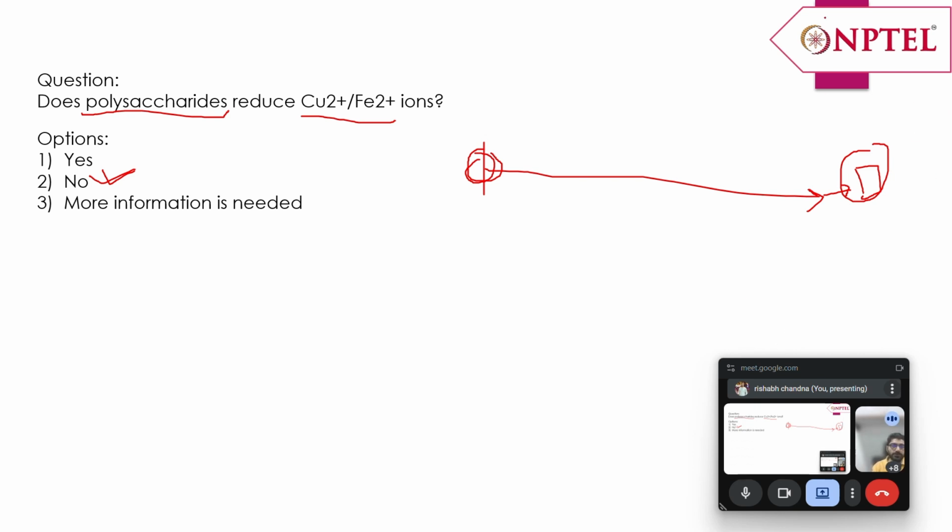So if we apply a reducing test to the polysaccharides, they will give the test, because one end is reducing and the other end is not.